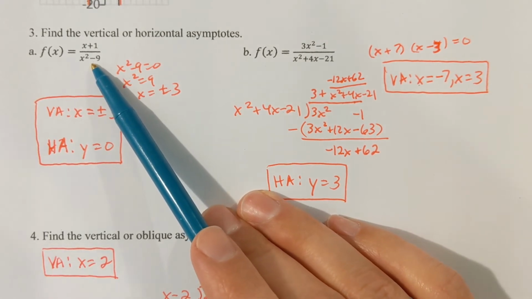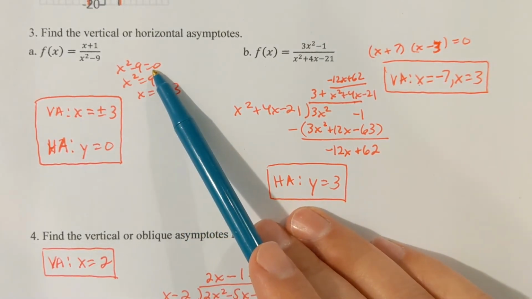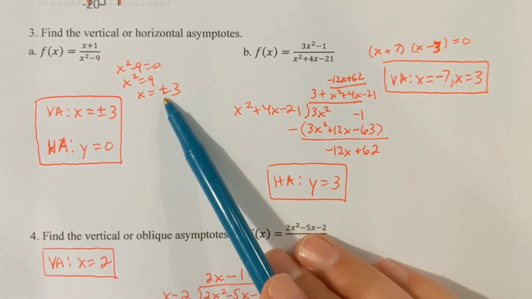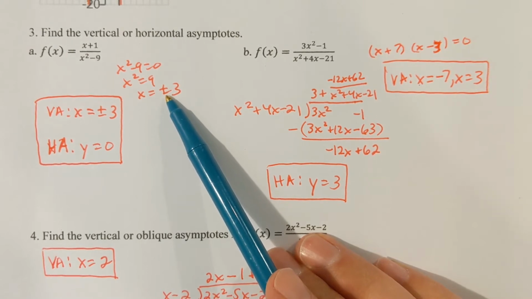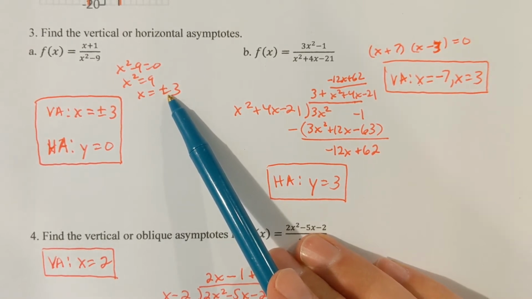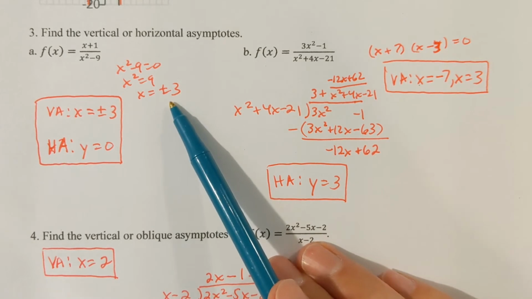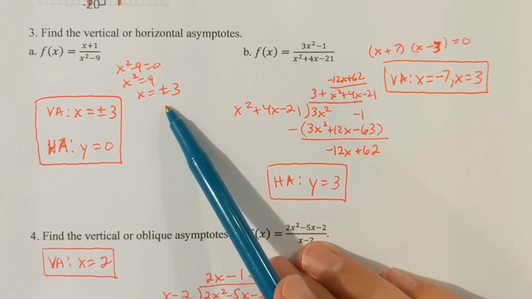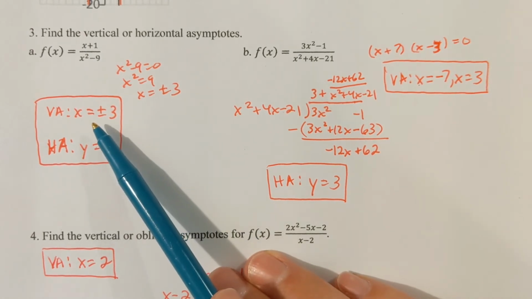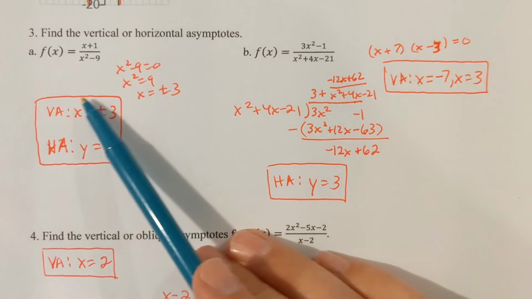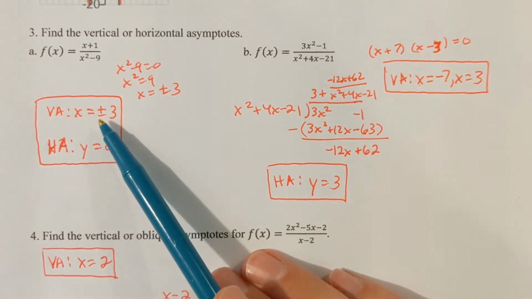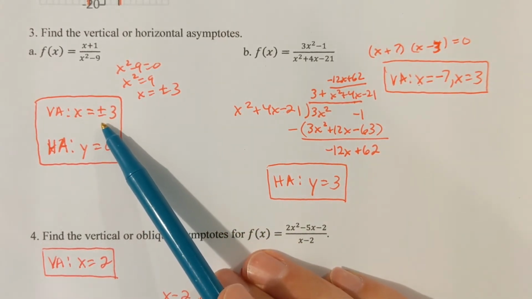So if I set x squared minus 9 equal to 0, and then solve, add 9 to both sides, and then take the square root of both sides, I'll have x equal plus or minus 3. Okay, now that would be what I don't want in the domain. Because I would be throwing away 3 and negative 3, I would have corresponding vertical asymptotes at x equal 3 and x equal negative 3. You could write it in a condensed form. X equal plus minus 3 means the same thing.